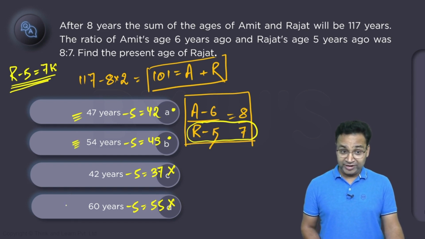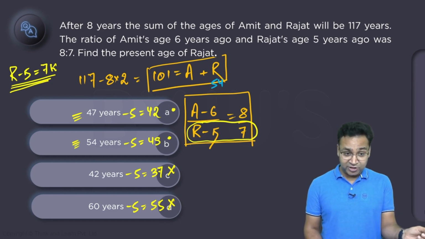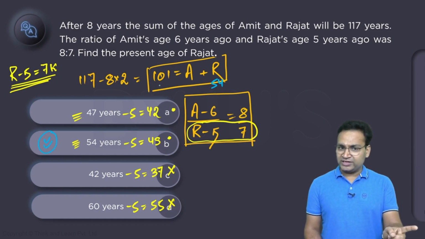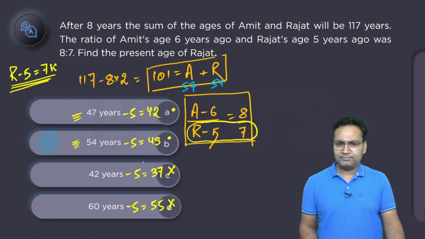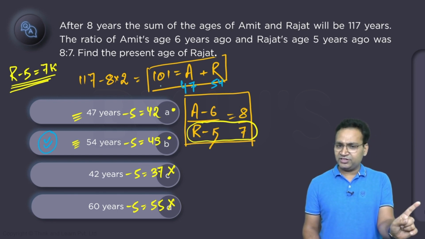Should I solve the question now? If this age is 54, I am verifying the second option. If this age is 54, total is 101, so what is left? 47. 54 plus 47 is 101.